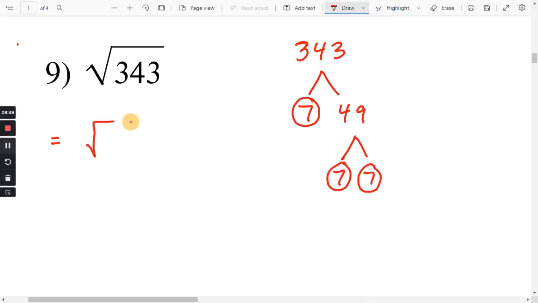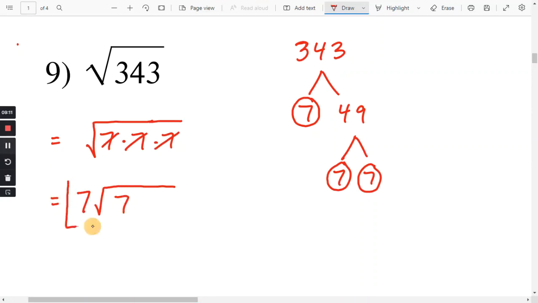So the square root of 343 is the same as the square root of 7 times 7 times 7. Okay, so we can cancel 2 of the 7s. So we cancel 2 7s, you bring 1 to the outside, and we have 1 more 7 under the square root. Final answer, 7 radical 7.